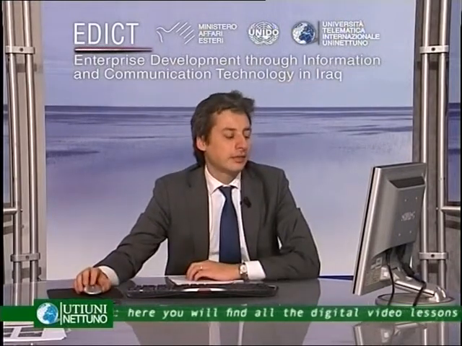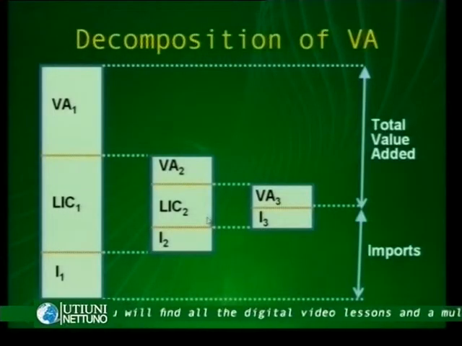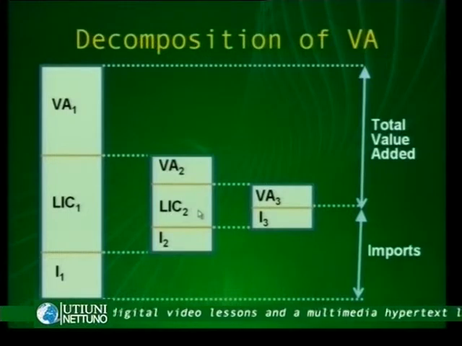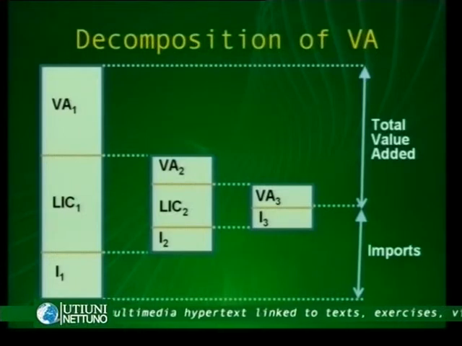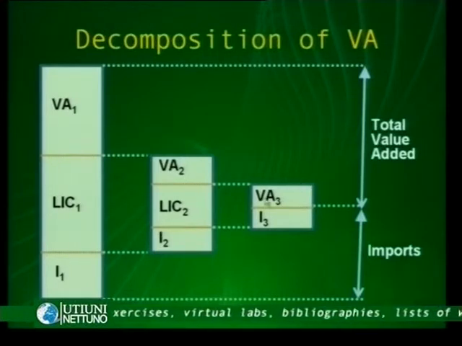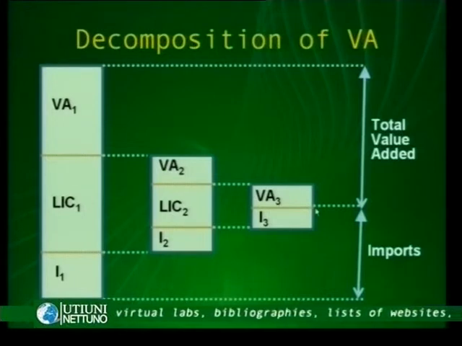Finally, at the third level of decomposition, we could also analyze the components of the local intermediate components that were used for the level 2 inputs. And again, we can find that at level 3 there is a component of value added that is to be considered in the calculations.